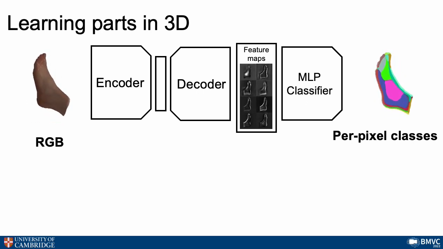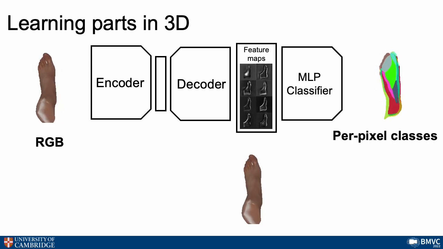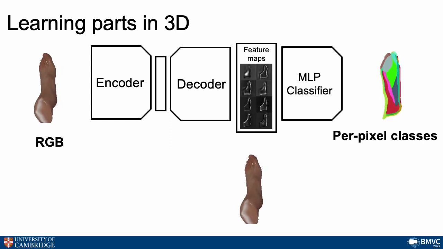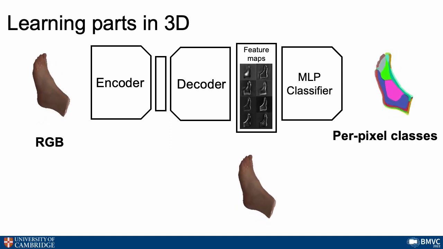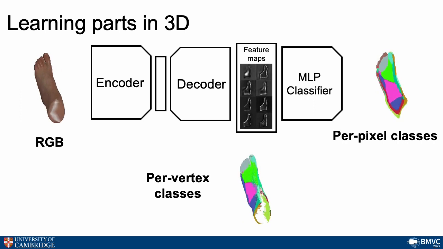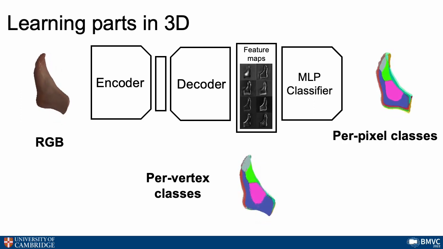The second is to lift these 2D parts onto our FIND template mesh, so that we can use these parts with the FIND model. We do this by optimizing per vertex part probabilities so that, when projected onto 2D, they match the predicted 2D per pixel classes from our 2D pipeline.